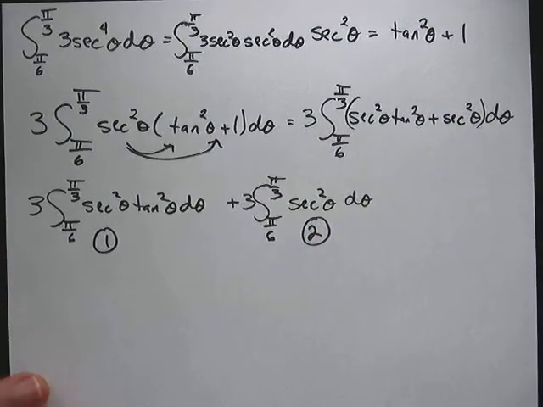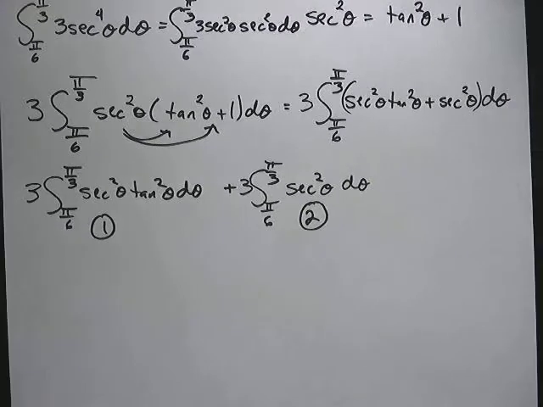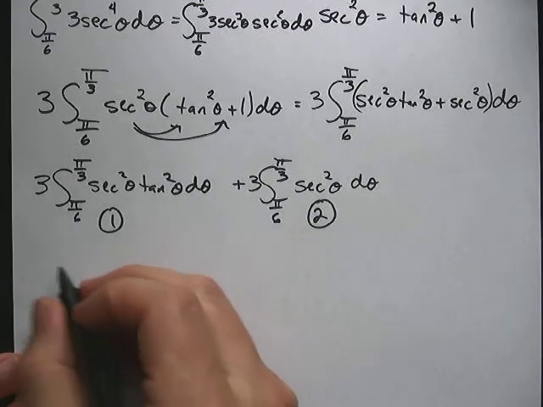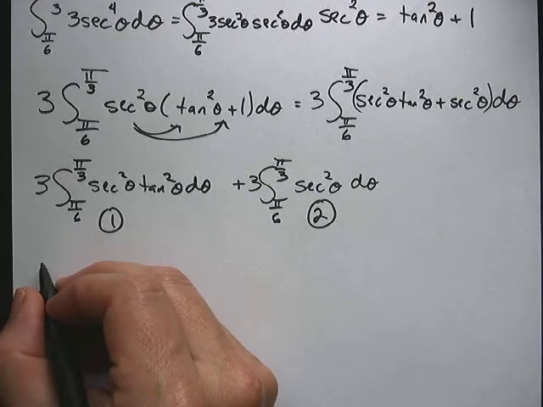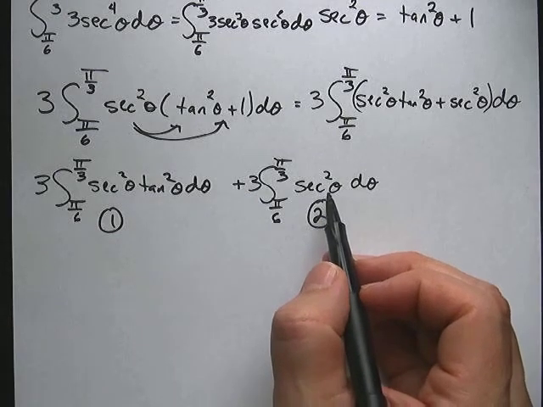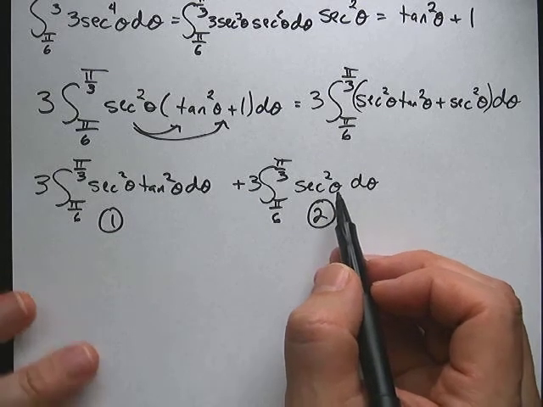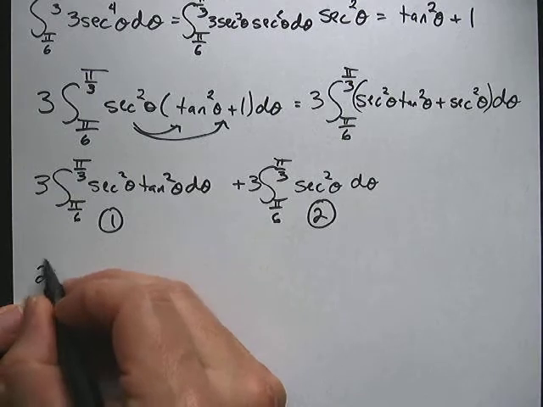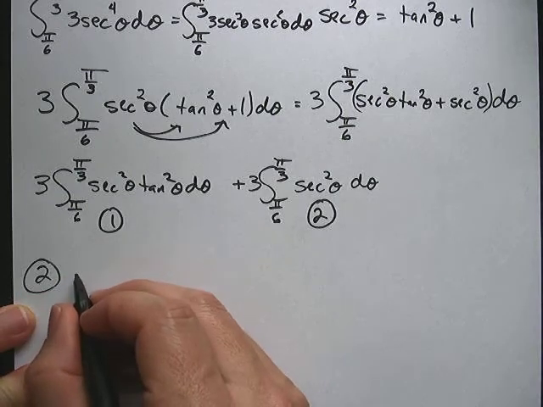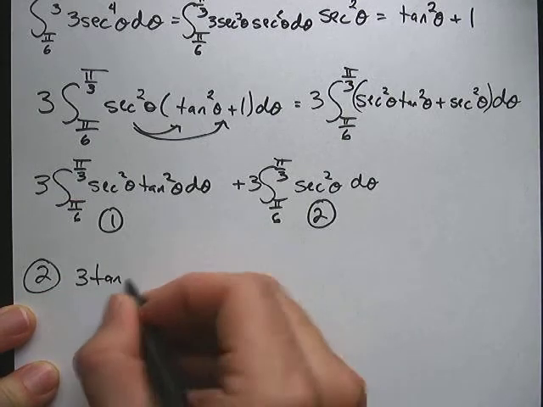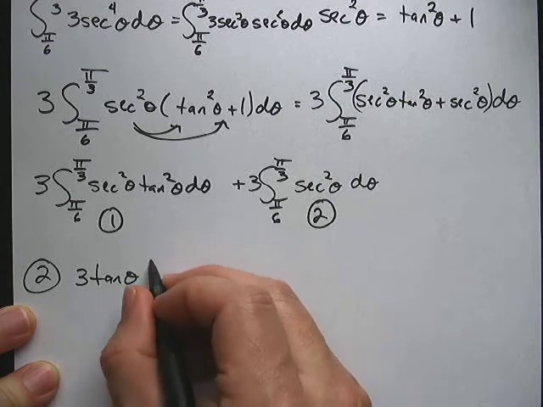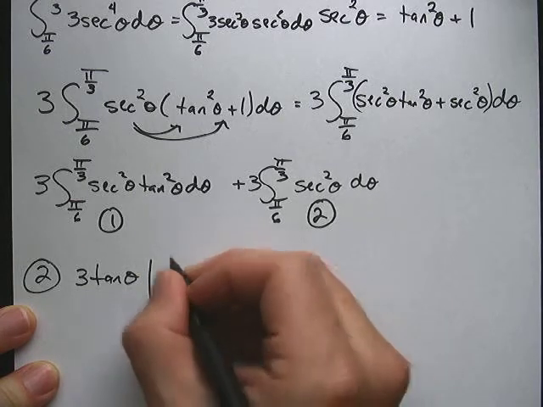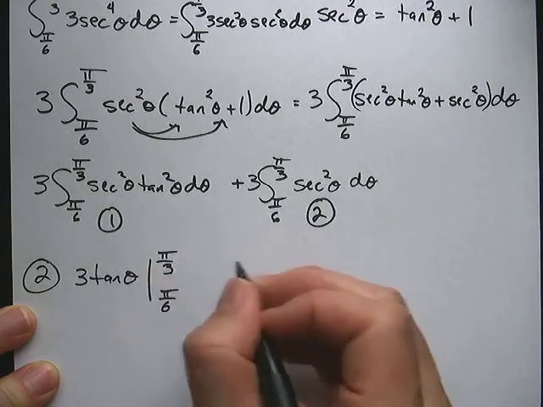Okay, so we'll call this integral number 1 and integral number 2. Okay, integral number 2 is actually pretty easy, so I'm going to start with that one, the easier one first. So the antiderivative of secant squared theta is just tangent. Okay, so this one becomes 3 tangent theta from pi over 6 to pi over 3.